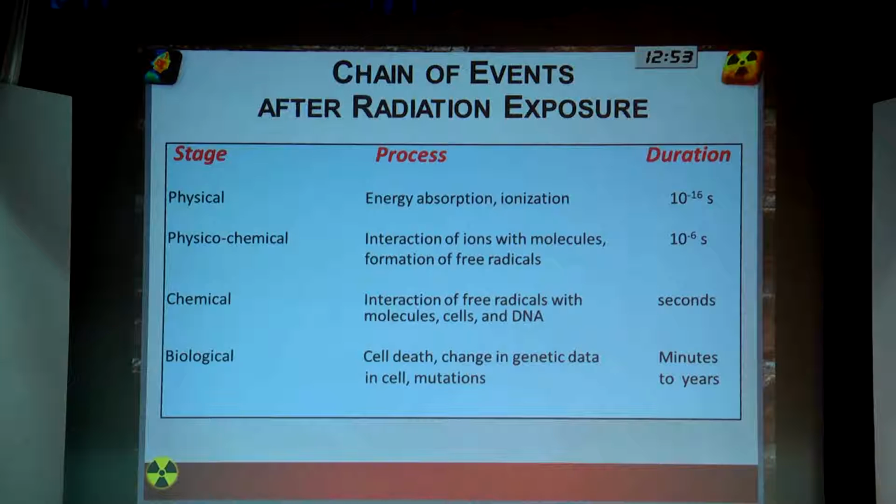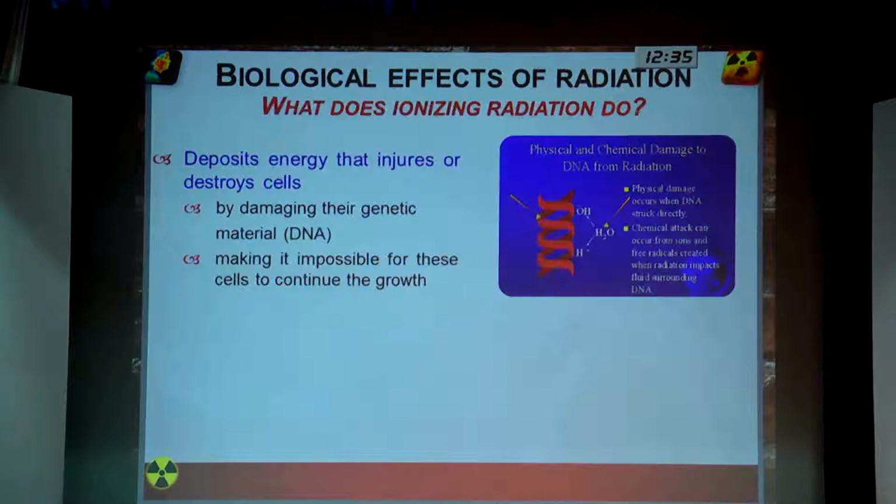So these free radicals will interact with the cells and the DNA, causing a damage and leading to a biological stage where there can be cell death, mutations, change in genetic data, and this can happen from anywhere between a few minutes to many years.